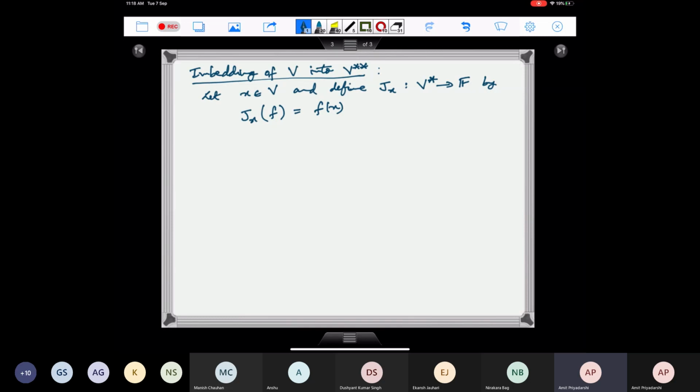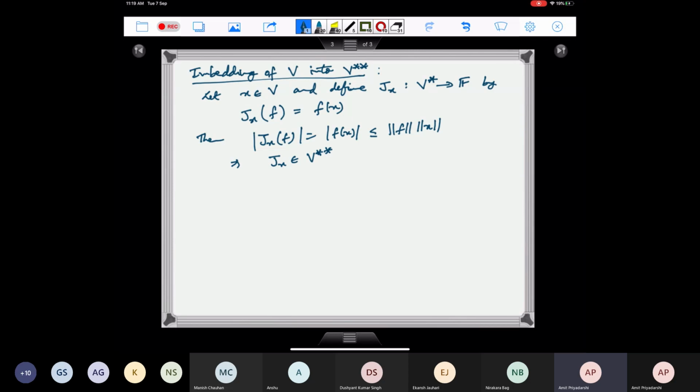So what do we know about this J_x? If we look at mod J_x of f, this is equal to mod of f(x), which is less than or equal to norm f times norm x. So this implies J_x belongs to V star star.